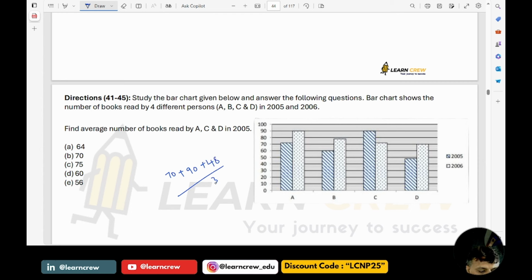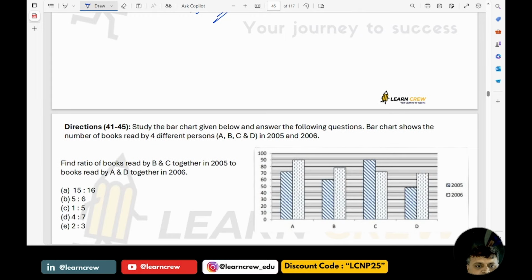So this divided by 3. So 70 plus 50, 120 plus 90, 210 by 3, which is 70. 70 is the average of A, C and D. So option B is correct.